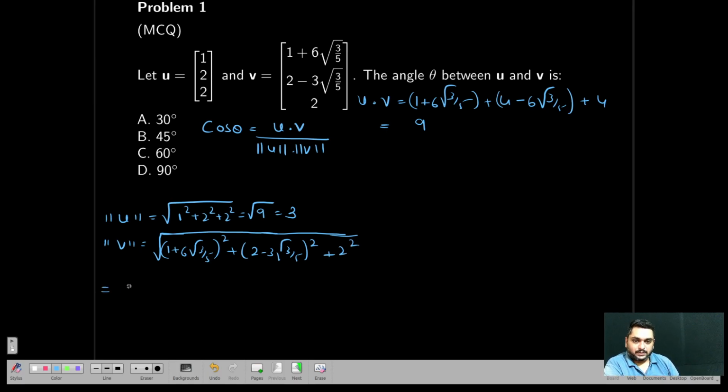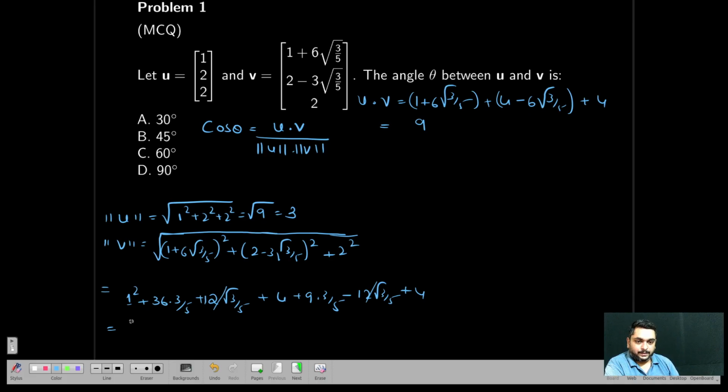This is (a plus b) whole square, that is a square plus b square plus 2ab. So the cross terms get cancelled.